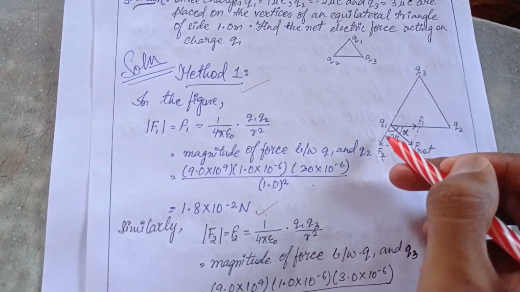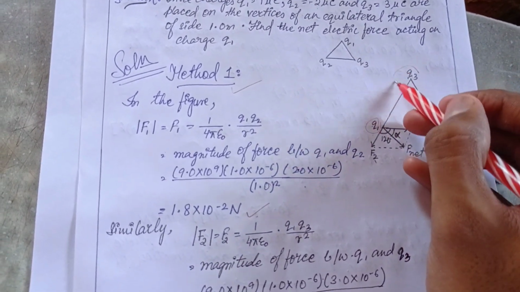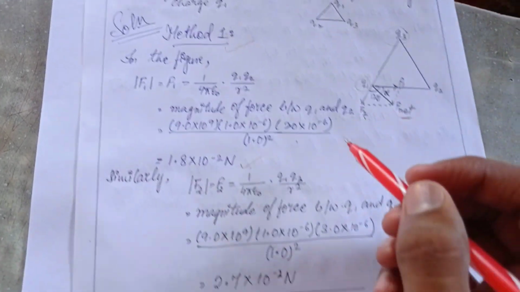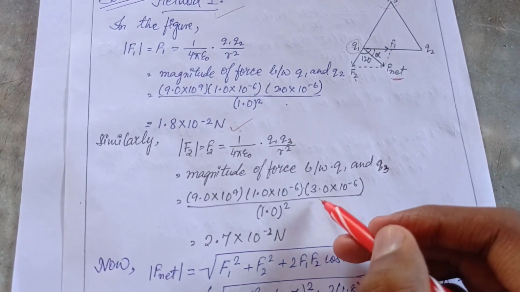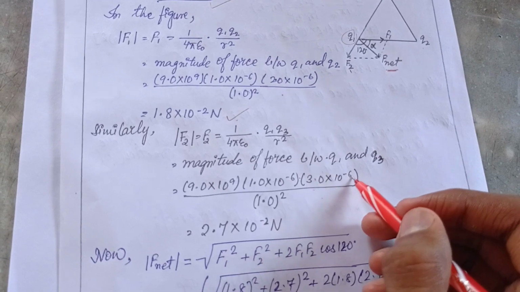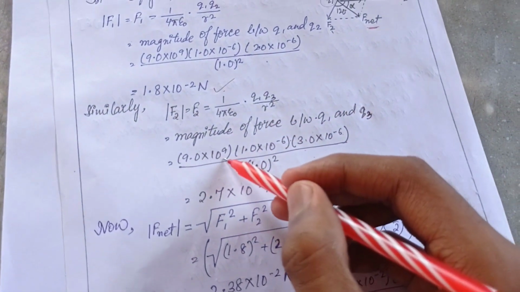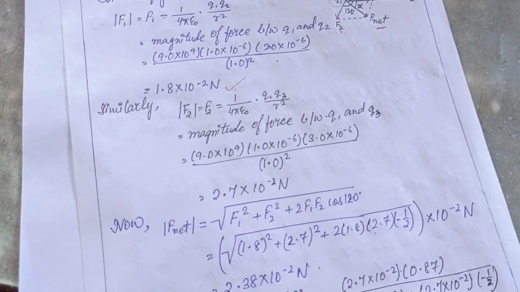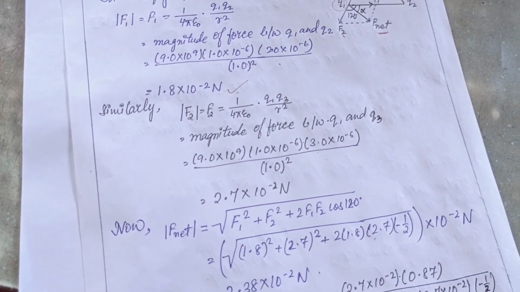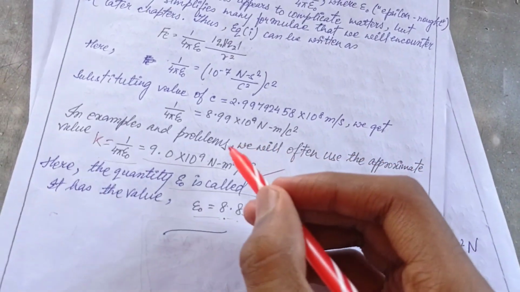The q3 value we put here, 3.0 into 10 to the power minus 6, 1.0 into 10 to the power minus 6, and the value of k, which is 9.0 into 10 to the power 9.